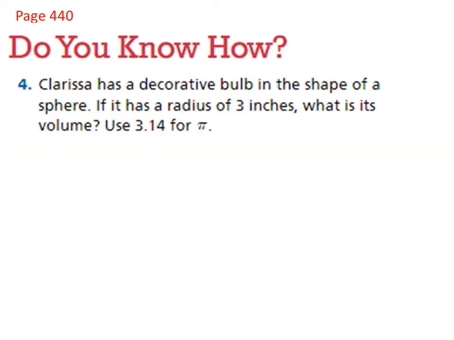Clarissa has a decorative bulb in the shape of a sphere. If it has a radius of 3 inches, what is its volume? Use 3.14 for pi. How to find the volume of a sphere? Yes, V equals 4/3 pi r cubed. So substitute now. We have the radius length. The radius length is 3.